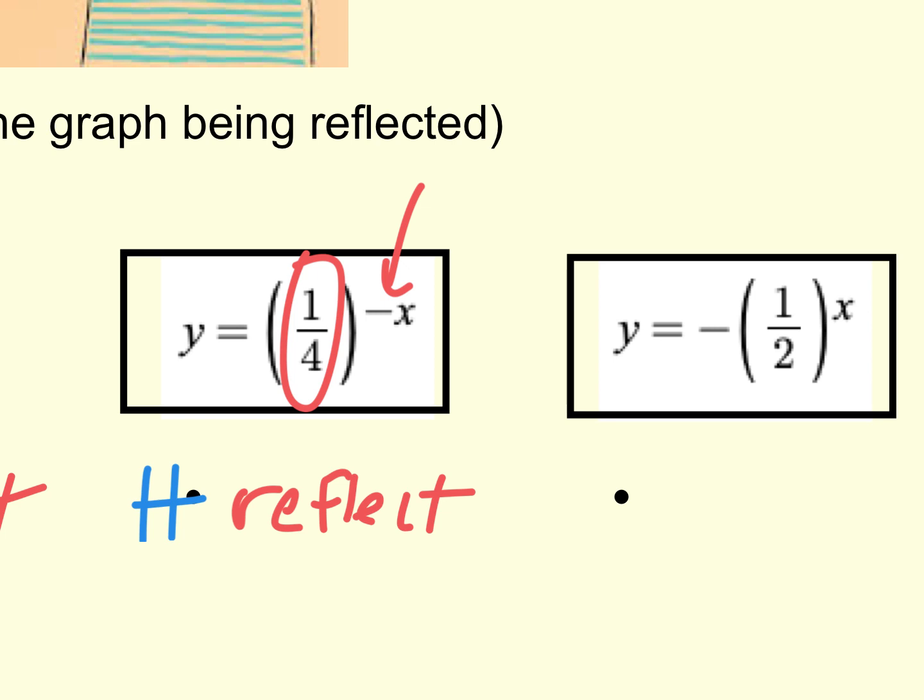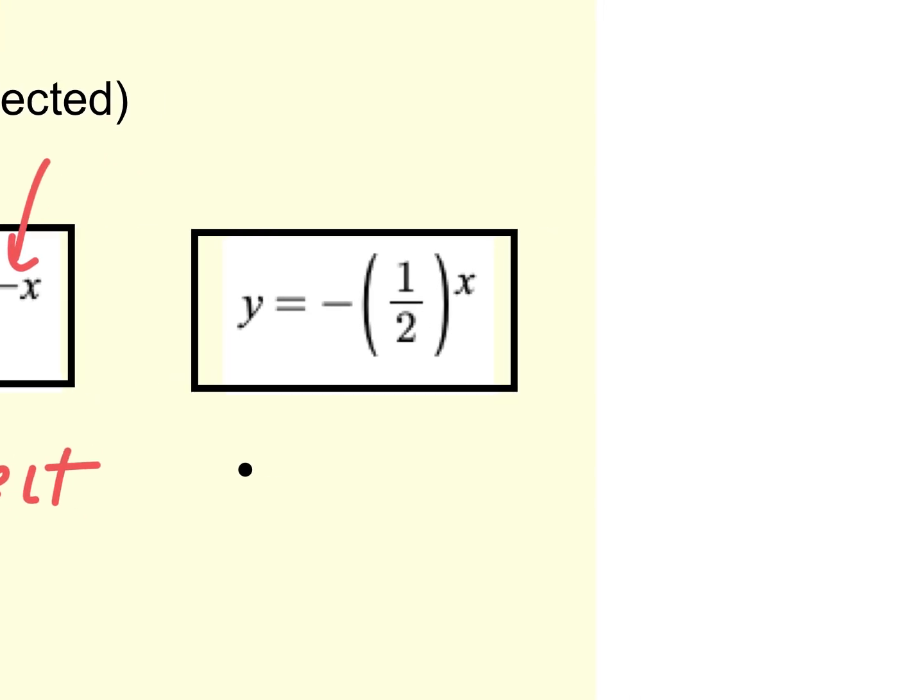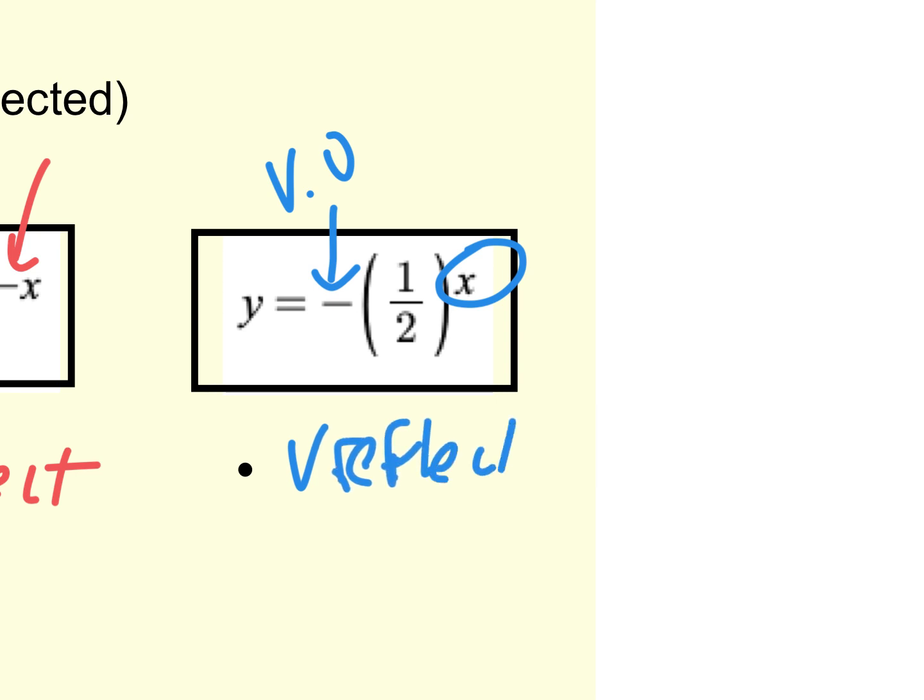Whenever you're deciding where's the inside of the function, it's by the x. So is this inside by the x? No, this one's not inside by the x, so that must be outside, so that must be a vertical reflect on the outside. And that is decay.